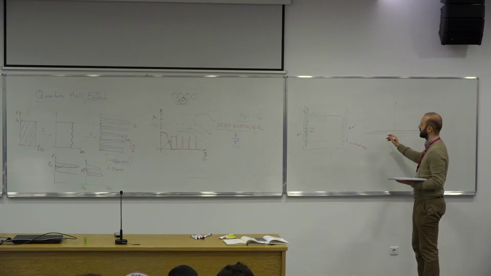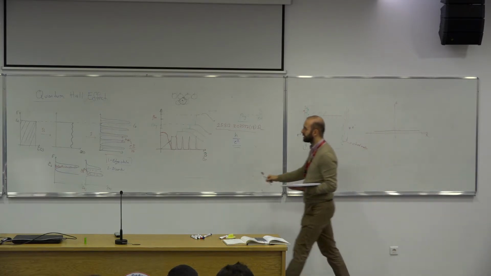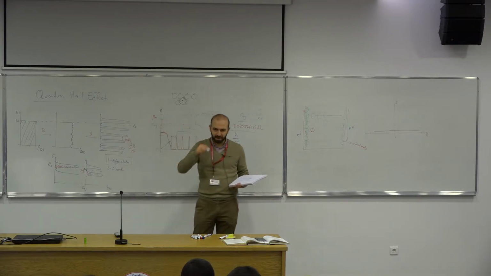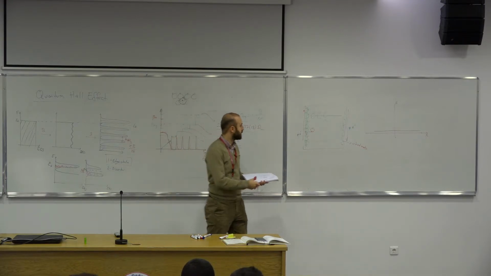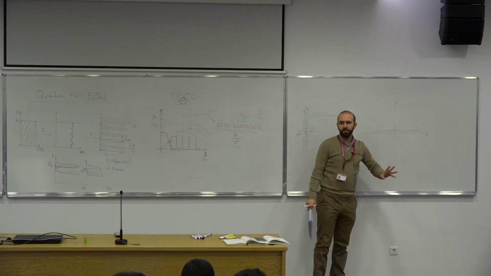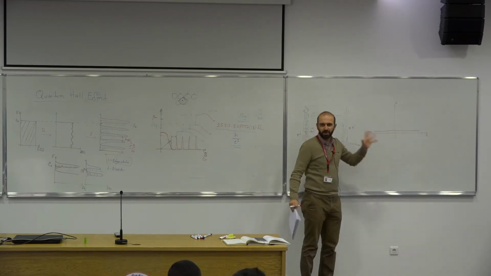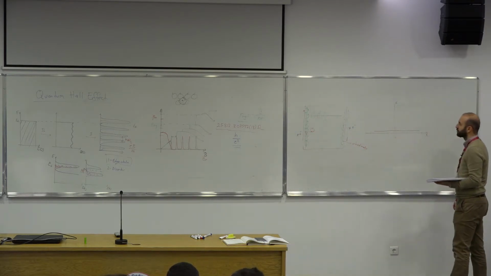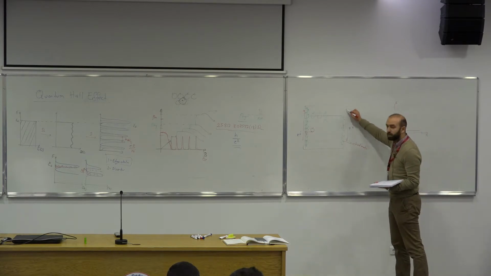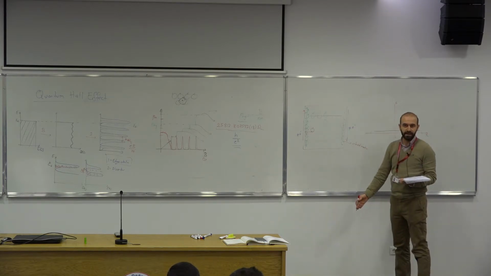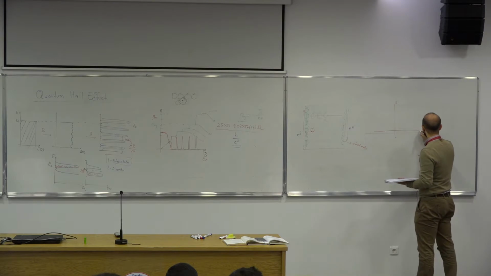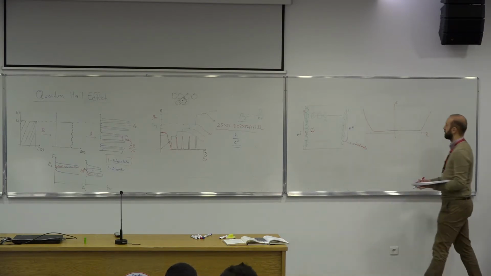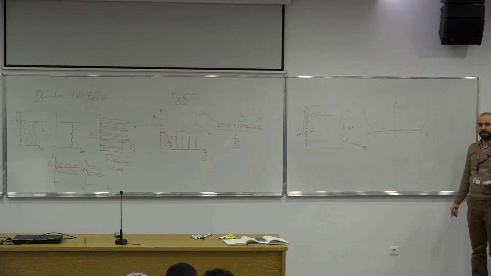Indeed, as we'll see in a moment, this is slightly further from the truth because we have disorder. Actually, there are potential fluctuations in here. But at the moment, we are only interested in the edge mode, so we shouldn't worry too much about that. Now I have these harmonic oscillators that are cut in half at the edges. So exactly at the edge, I'm going to have my potential rising up like this. Okay?